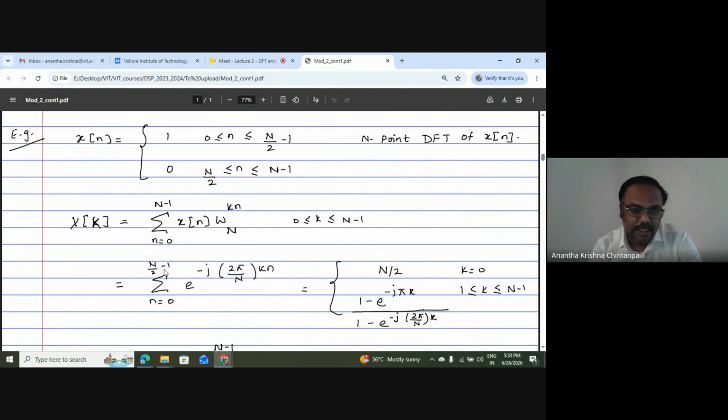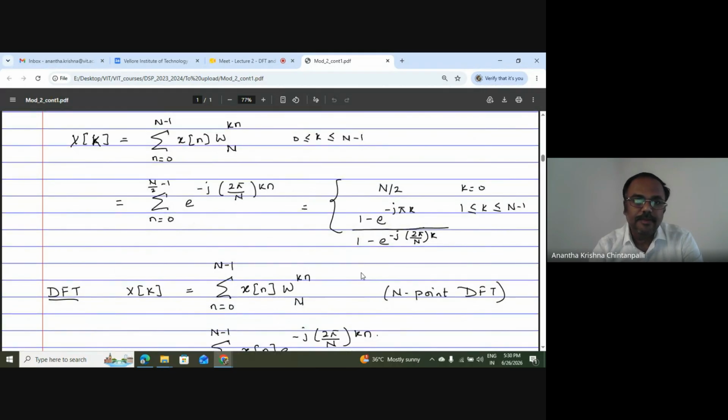So in this case, little n is going to be N by 2. So this is 1 minus e to the power of minus j 2 pi by capital N k, with N by 2 in the exponent. So the 2 by N by 2 cancels out. You have e to the power of minus j pi k divided by 1 minus e to the power of minus j 2 pi by capital N times k.